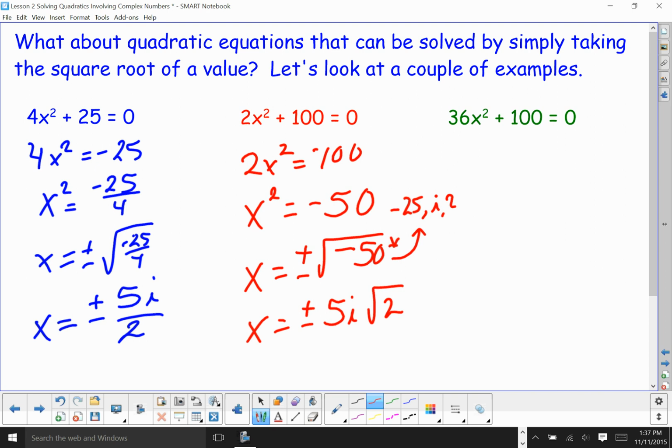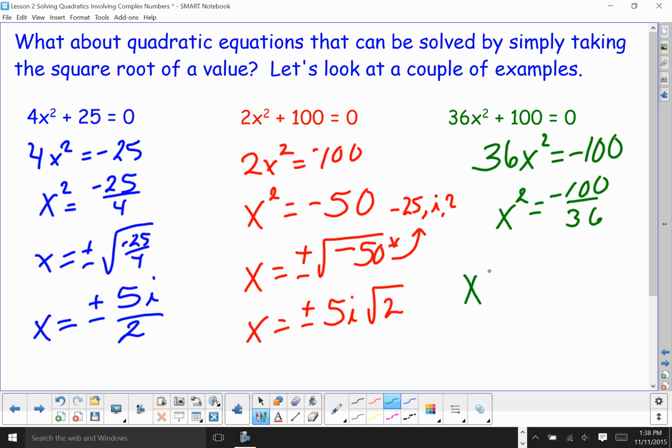Okay, finally, 36x squared plus 100, 36x squared equals negative 100. Divide both sides by 36. 36 does not go evenly into 100, so we leave it, and we get x is equal to plus or minus the square root of negative 100 over the square root of 36.